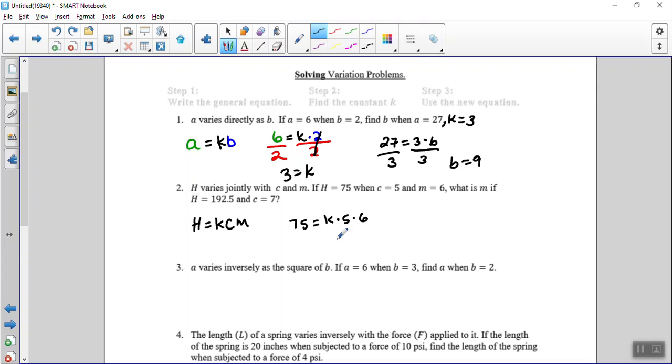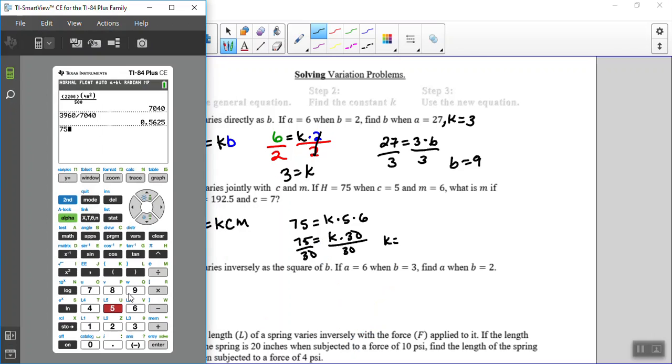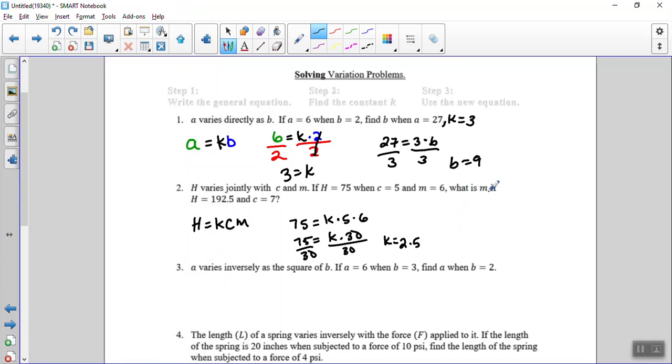First, let me figure out what K is. 5 times 6 is 30, and then divide by 30 on both sides. K is equal to 75 divided by 30. I'm just going to use a decimal: 2.5.